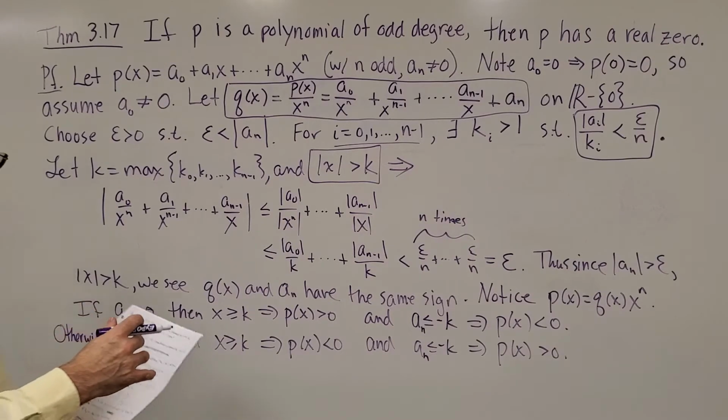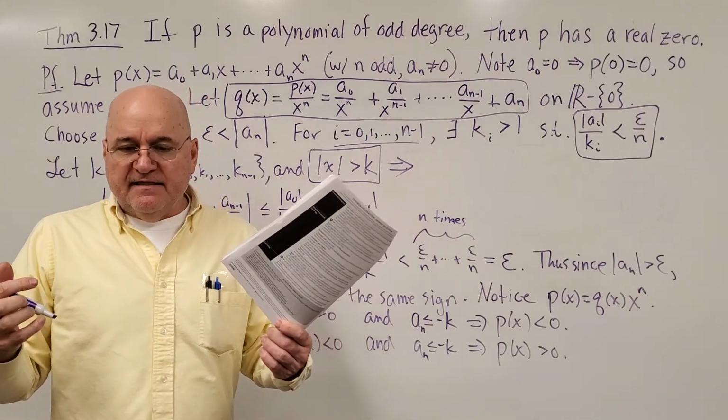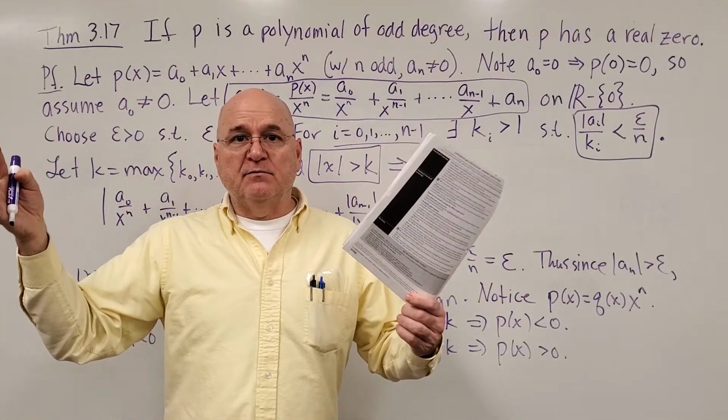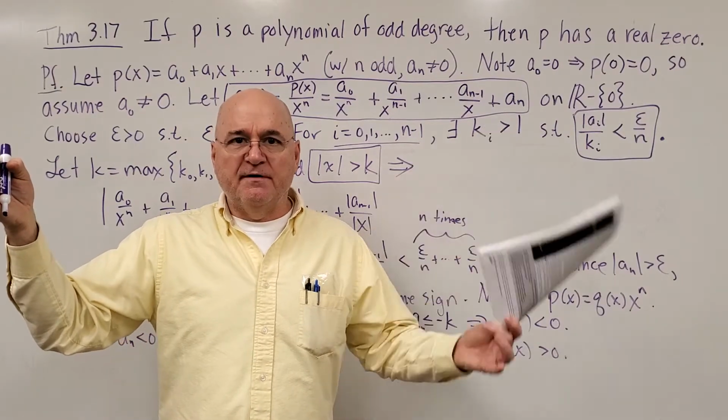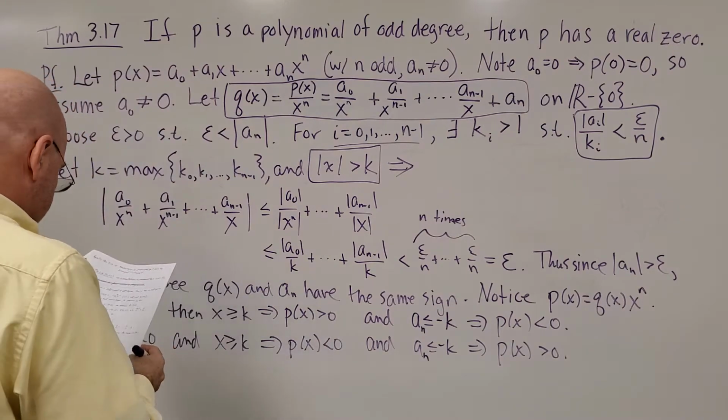Essentially, that means in either case, we have found that the value of the polynomial for one value is positive and for another value is negative. So we can employ Bolzano's theorem or the modified Bolzano's theorem.